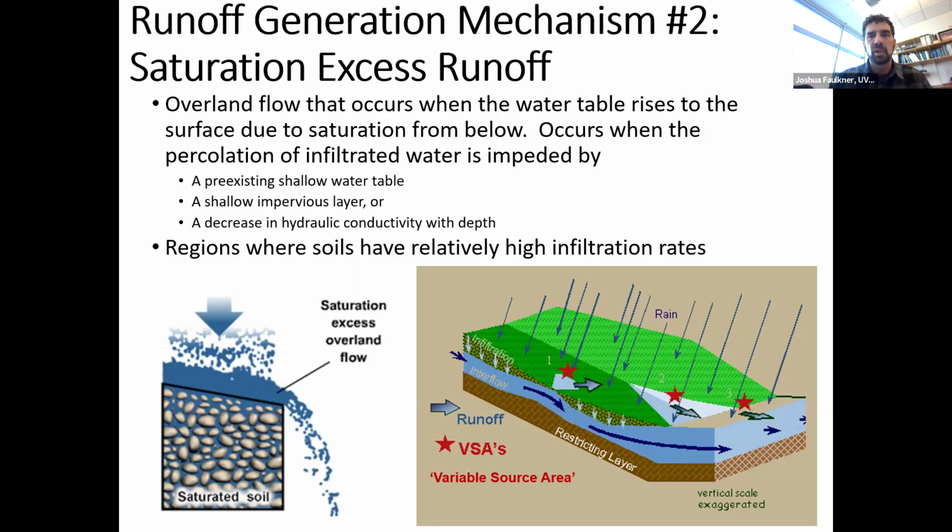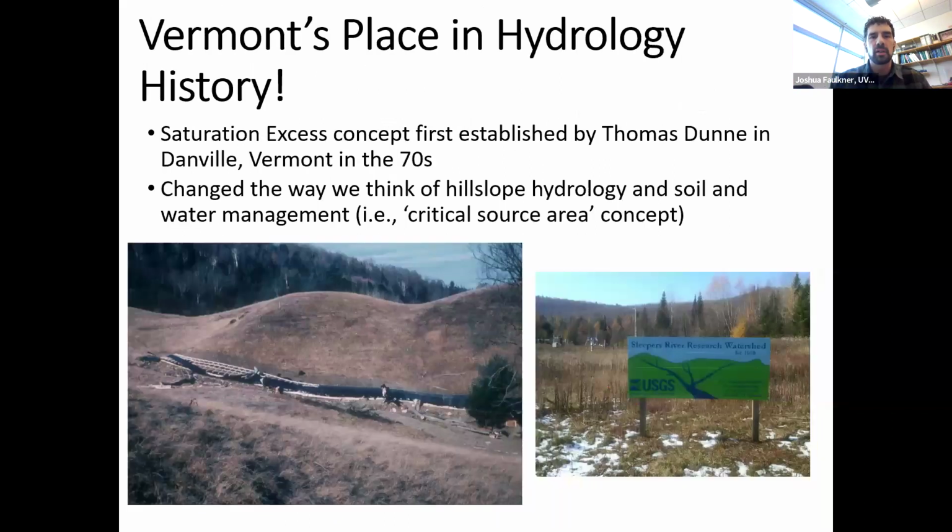So really important to be aware of this, I think, if you're working outside of the Champlain Valley. And Vermont has a notch in its belt here in terms of the history of hydrology, because this type of runoff was discovered in the USGS Sleepers River watershed in Danville, Vermont in the 70s. And then Thomas Dunne was really the leading mind behind that work.